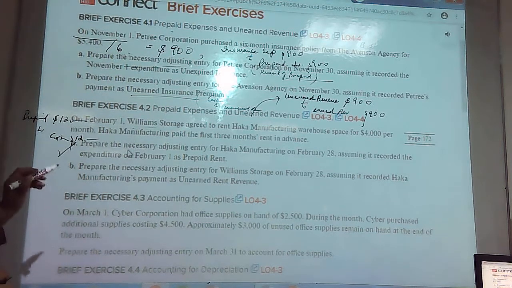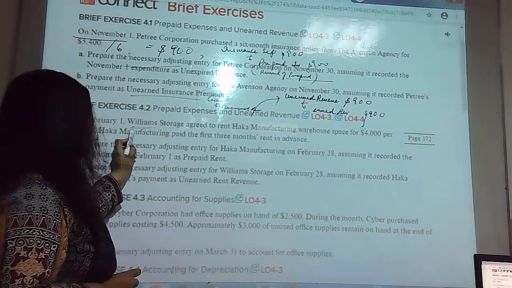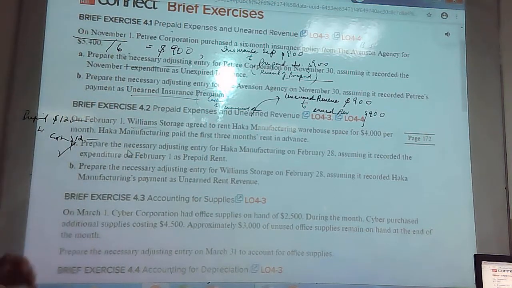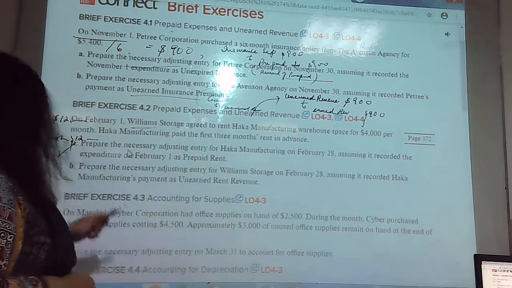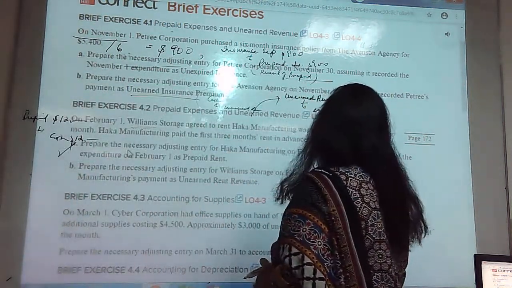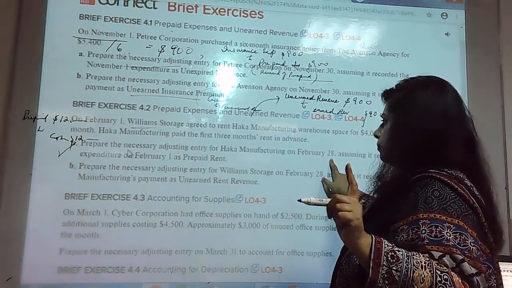So Williams Storage was the one who agreed to rent their warehouse to Haka. So in the first instance, Haka was the one who paid. Now when you make the entry for Haka, you know that they made the prepaid payment on February 28th. So that means exactly 1 month.